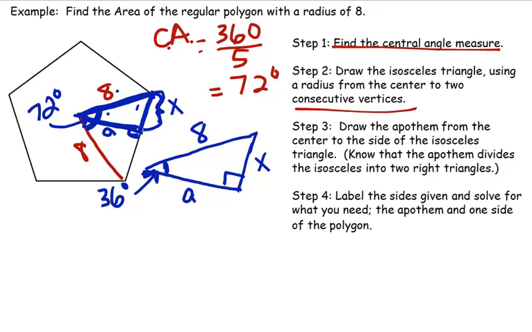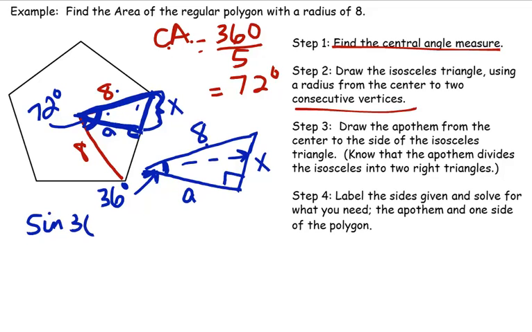Now, remember that if we only know one side, which we do, the 8, and we have a degree measure, we're going to have to use trig. So this is one of the problems that we would use trig on. So let's find X first. Remember that if this is the angle I'm at, 36, the opposite side here is X. And opposite, we want sine.